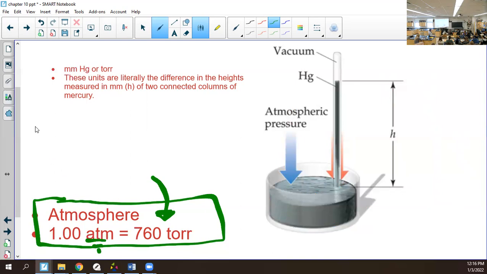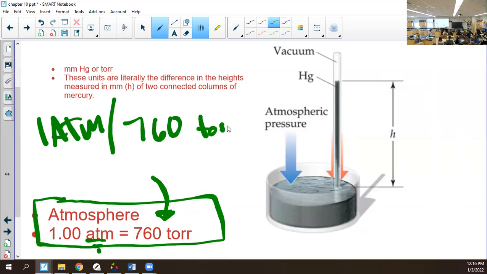And the ratio is that there is 1 ATM for every 760 torr, or vice versa. In a problem, if you're given torr, you must always divide by 760. That will put it in ATM.